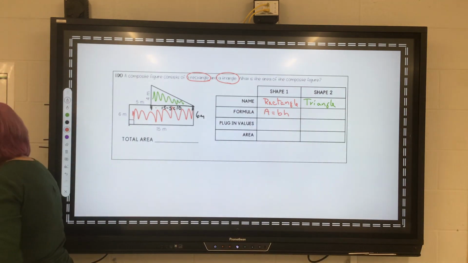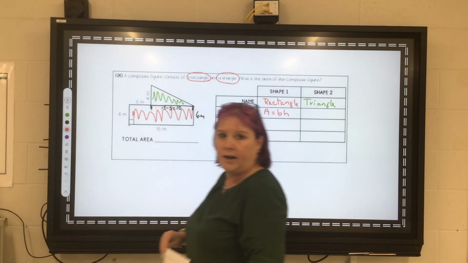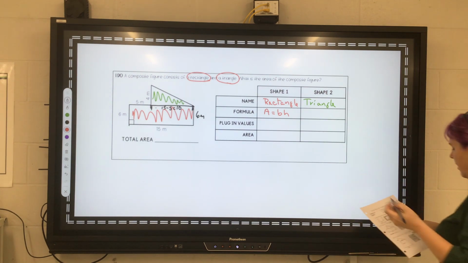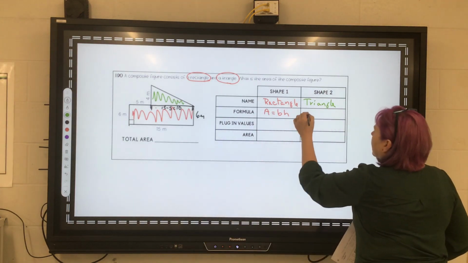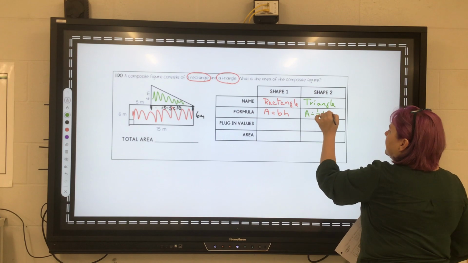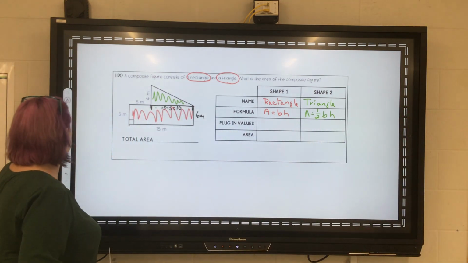I'm getting that from my formula chart that you should have, that you will have on the test and everything else. And then my triangle, my formula is area equals half of base times height. Once again, these are the formulas that we've been using.